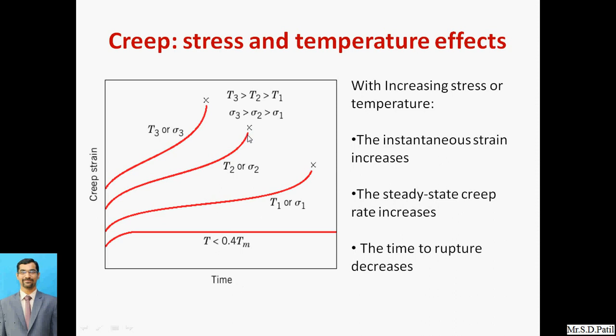So it is a time dependent phenomenon. Within a short period of time the rupture will occur. And if we increase the temperature again, within a very short span of time the rupture will occur and the strain rate will be faster.